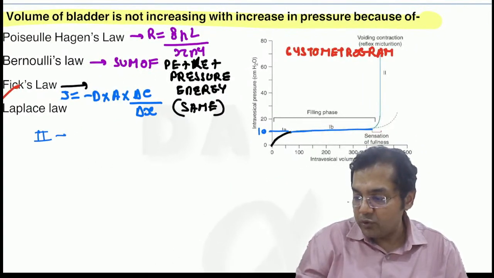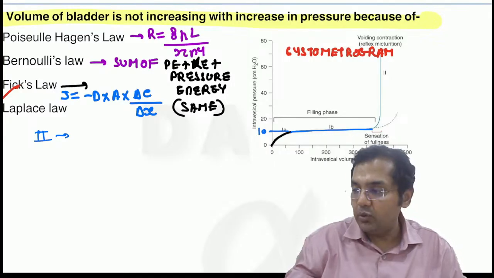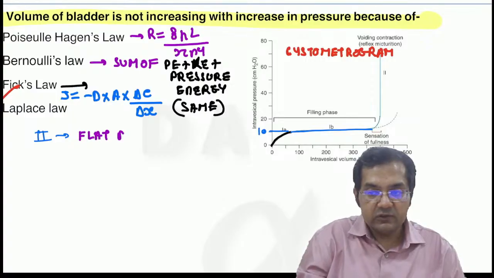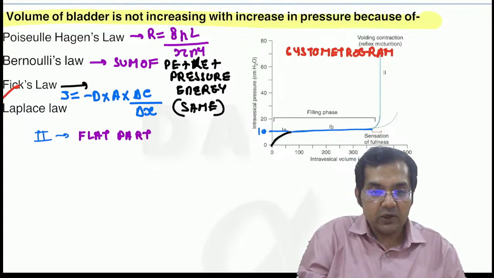Phase 2, remember, is famously known as the flat part of the curve. Why?